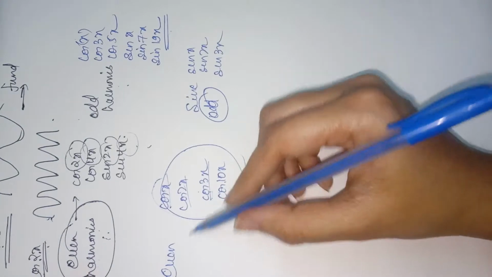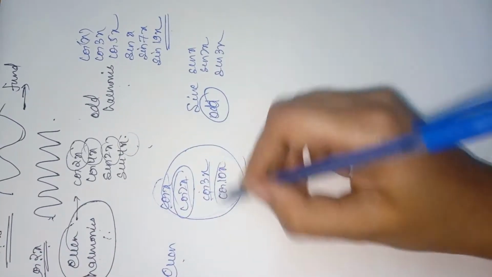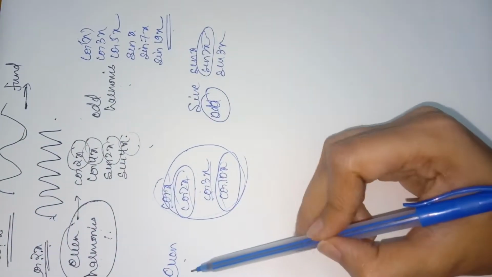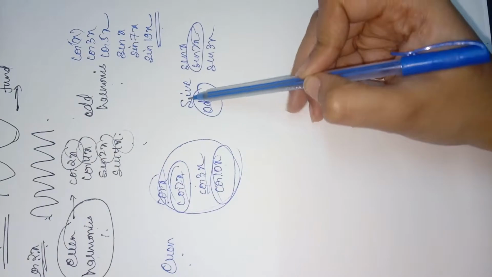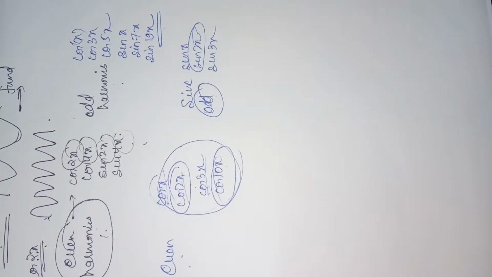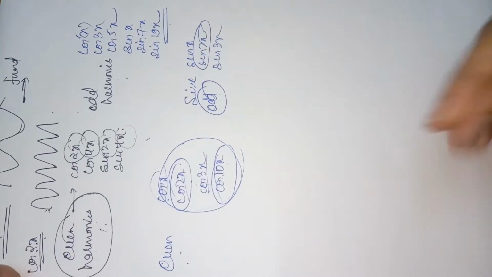However, if I say even harmonics, this is even harmonics, this is also even harmonics. But when I say even function, then it is cos, and sine is odd function. So I think you are clear on what is harmonic, even harmonic, odd harmonic, and even and odd functions. That's all you need to know, and these questions will be just like this.